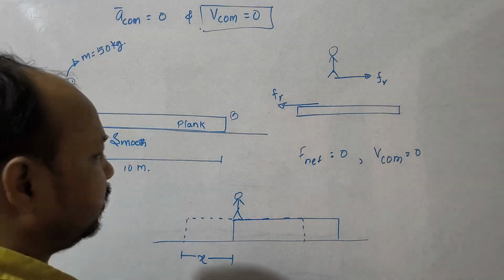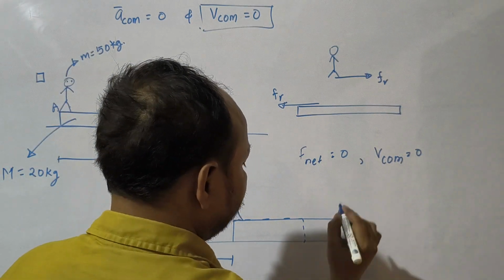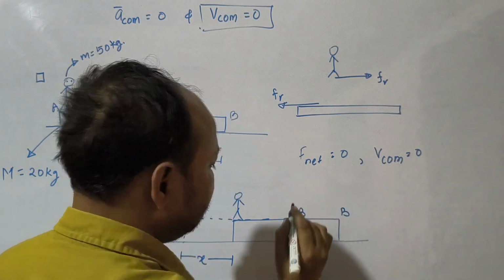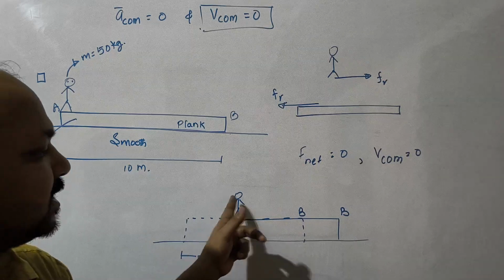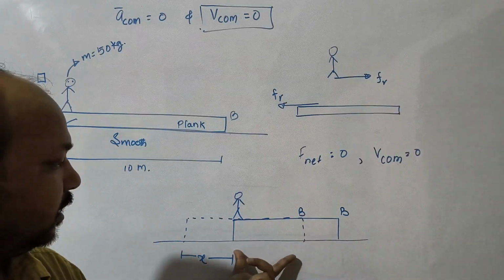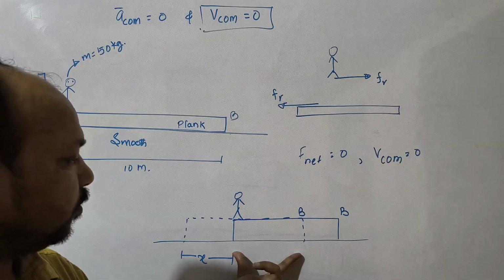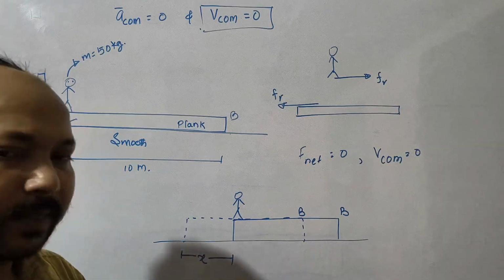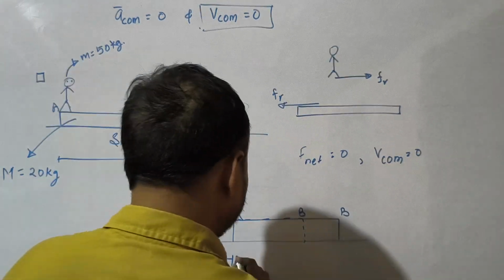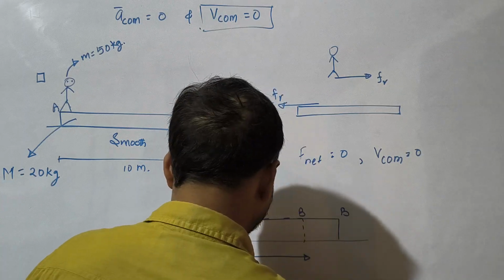So this was end B, and now end B has shifted to this position. Up to how much distance does the man have to walk? The man has to complete this much distance only, geometrically.